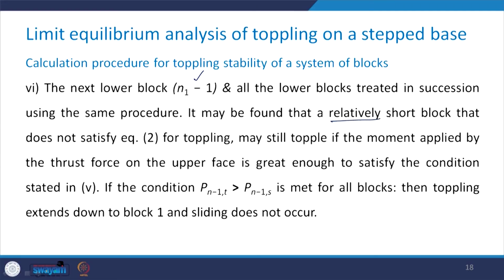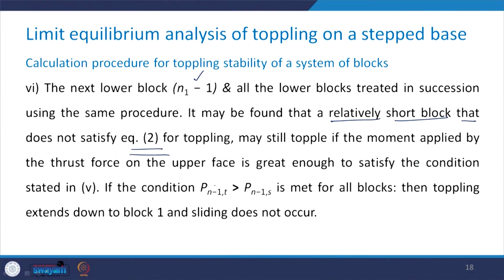It may be found that a relatively short block that does not satisfy equation number 2 for toppling may still topple if the moment applied by the thrust force on the upper face is great enough to satisfy the condition that we have stated in the earlier step, which is step number 5.